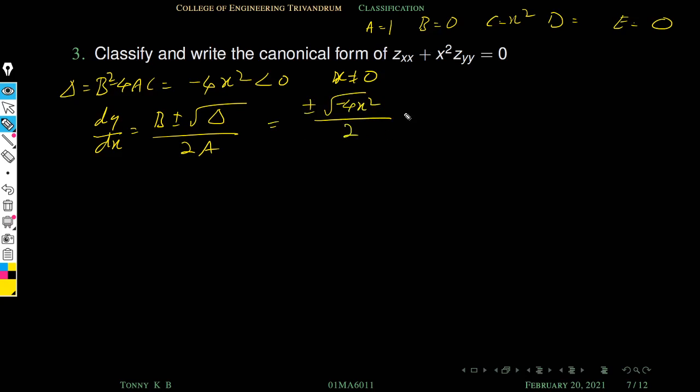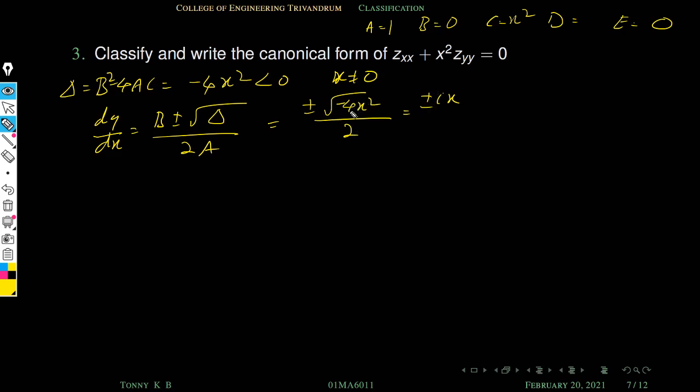A is 1, so 2. You can take the square root of 4, that is 2, so you can cancel these two. And there is a minus sign, so this becomes plus or minus ix.